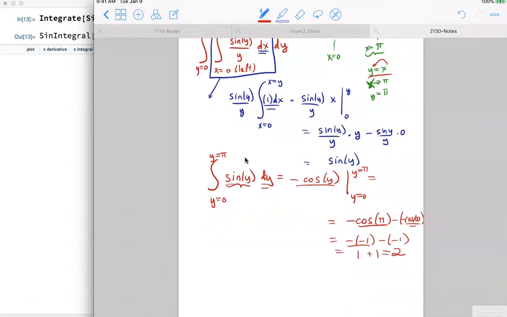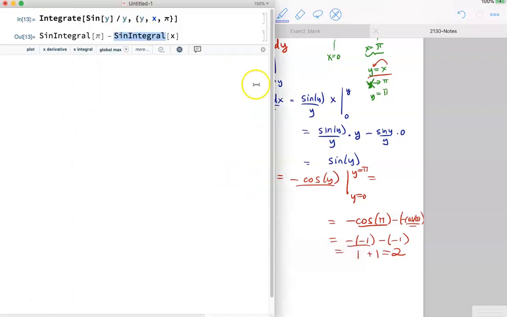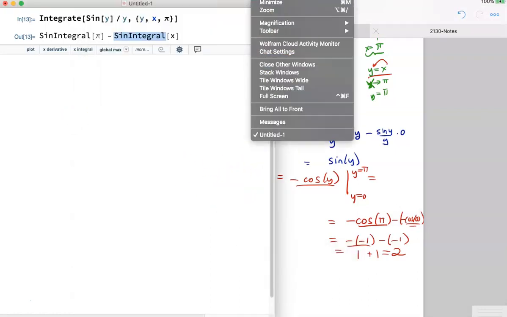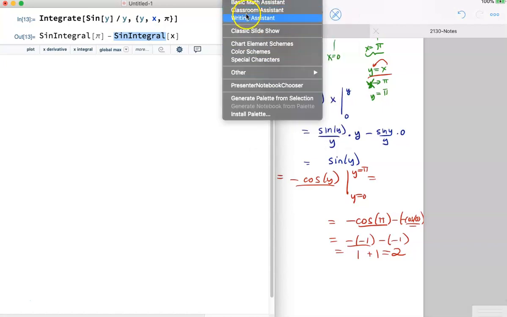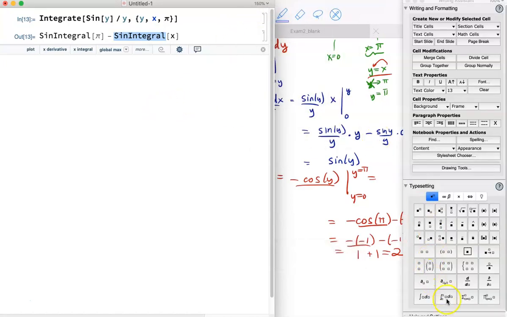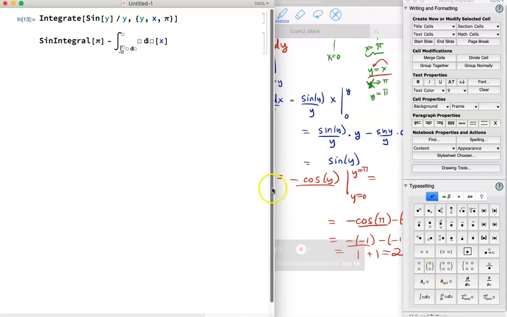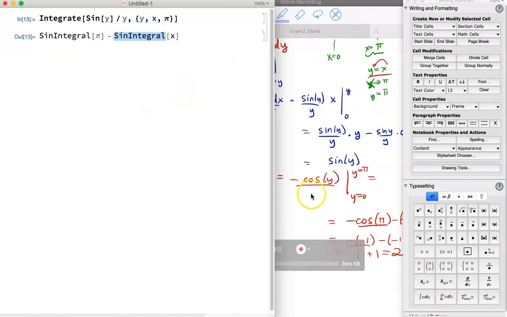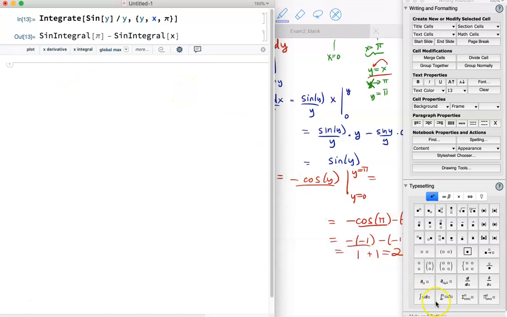Okay. And that would have been possible to check in Mathematica. So if we bring up a palette, writing assistant, there were 2 ways to set up this integral. There was the original ordering, which we were going to have some trouble with, right?